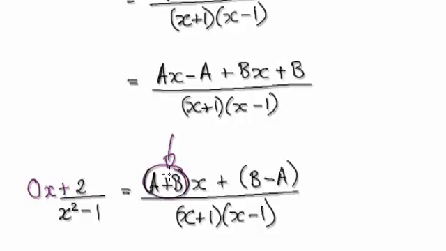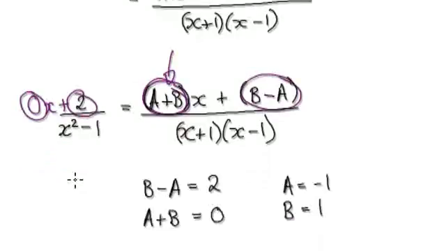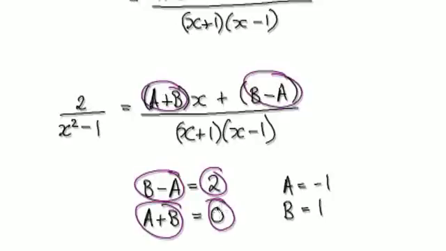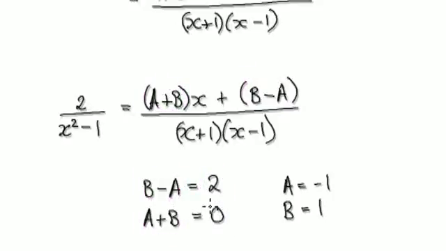We've got to make this thing 0, and make this thing to be 2. So now solve the simultaneous equations. So A must be -1, B must be 1.